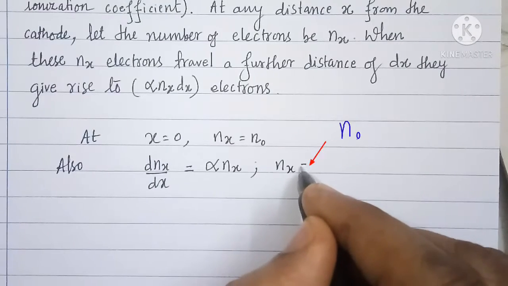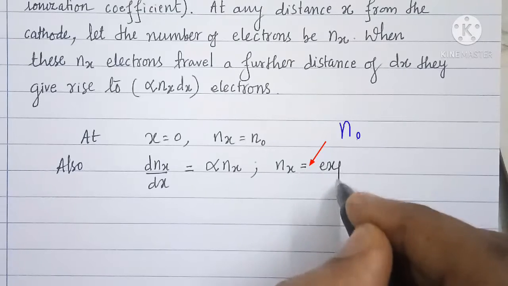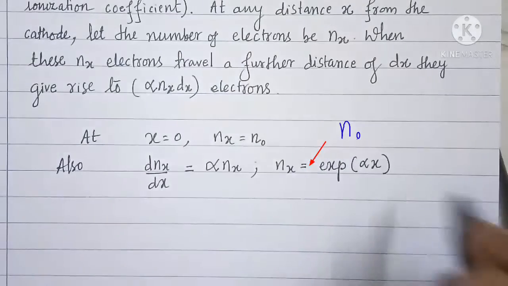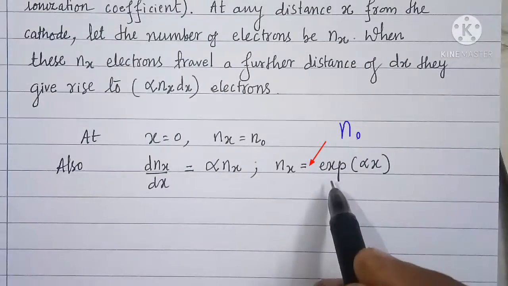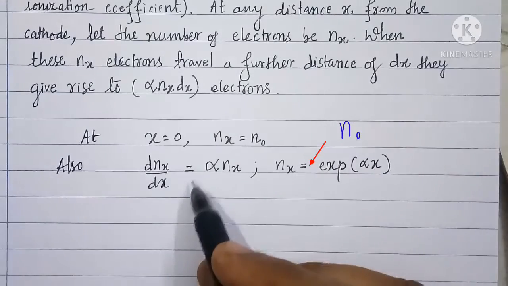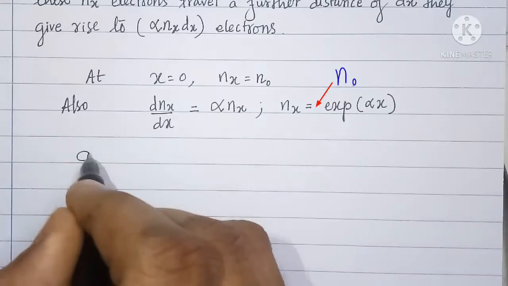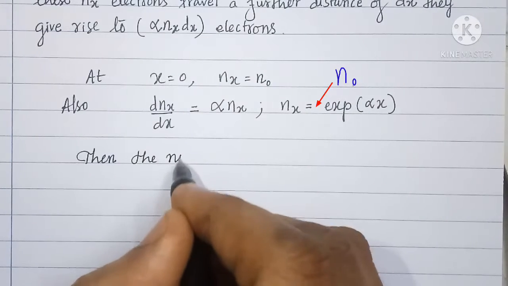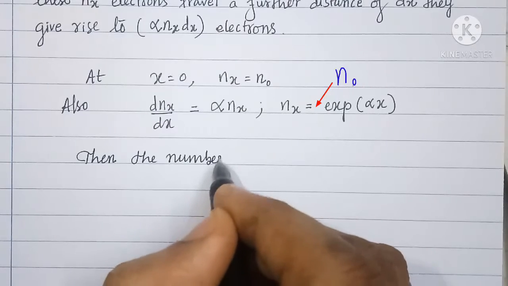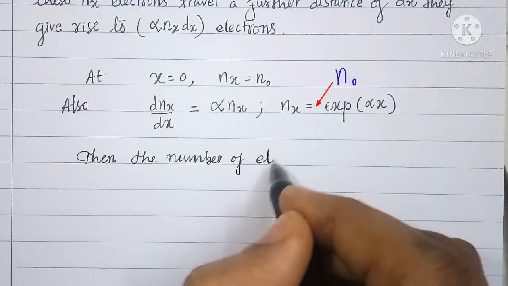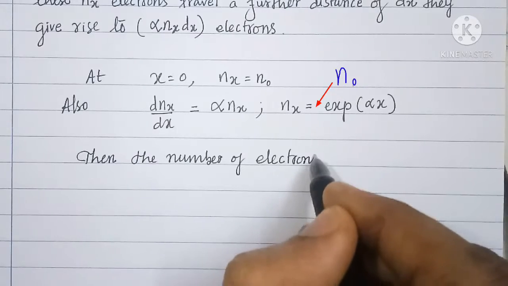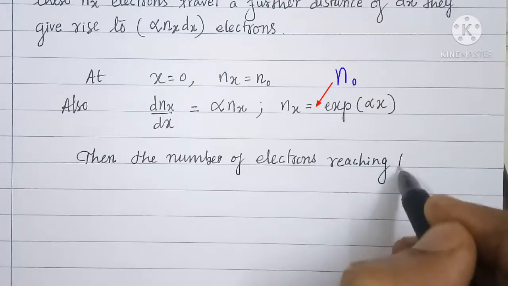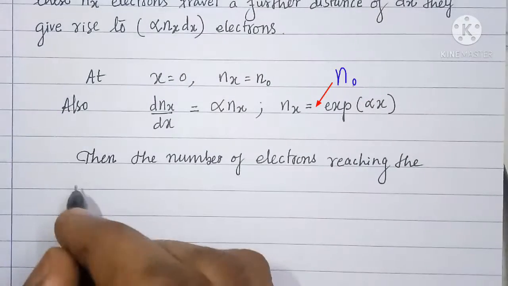or nx is equal to n0 into e to the power alpha x. This we get by integrating this equation. Then the number of electrons reaching the anode.